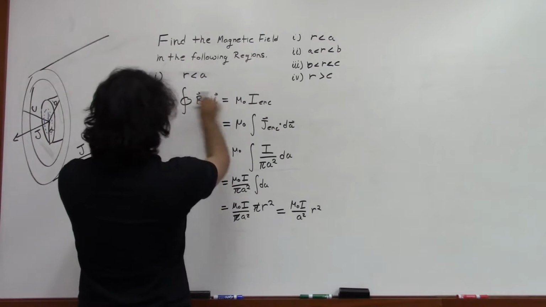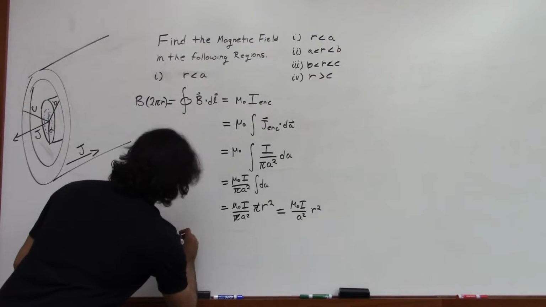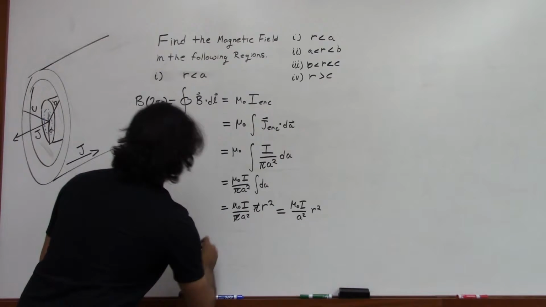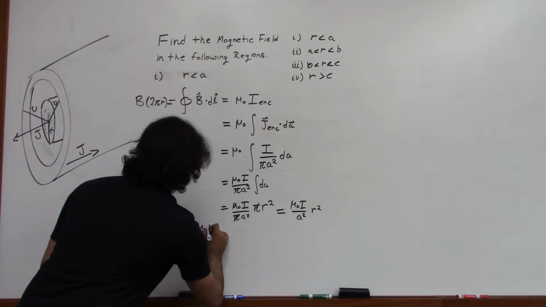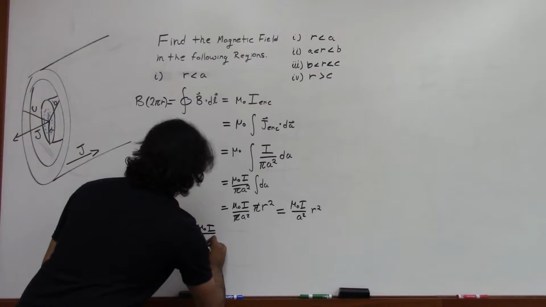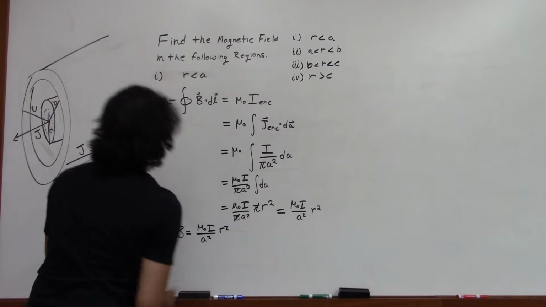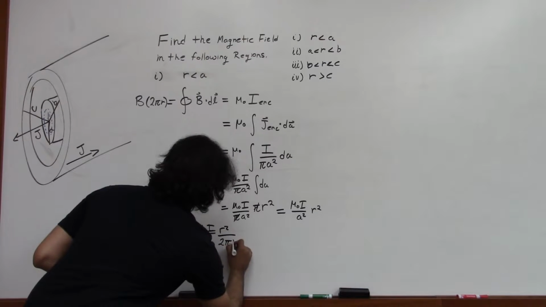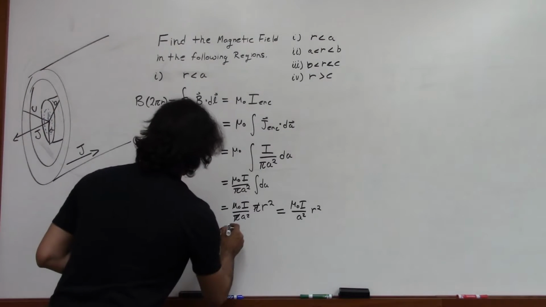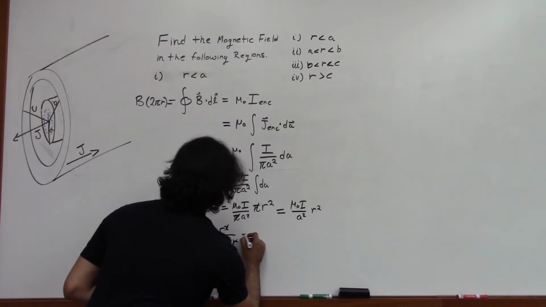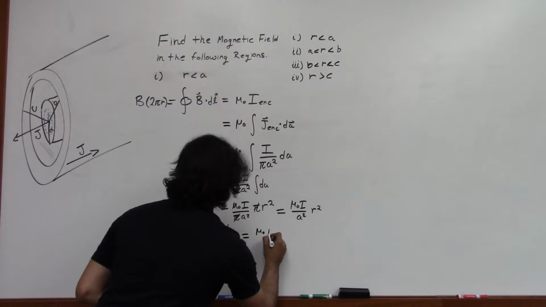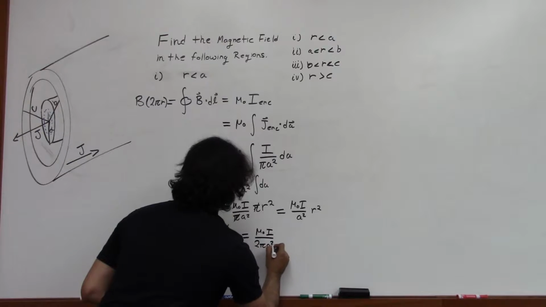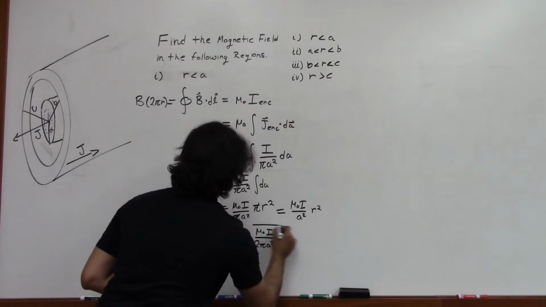Now, there's an equivalence between these, so we can finally say that the magnetic field B is equal to mu naught I over a squared r squared divided by this quantity right here, 2 pi r. Now I can cancel one r, and I'm left with mu naught I over 2 pi a squared r.